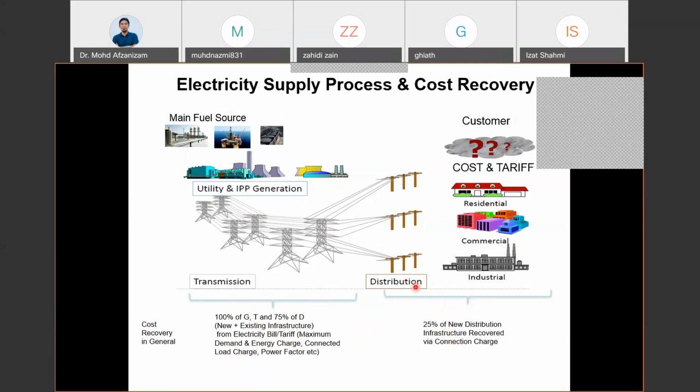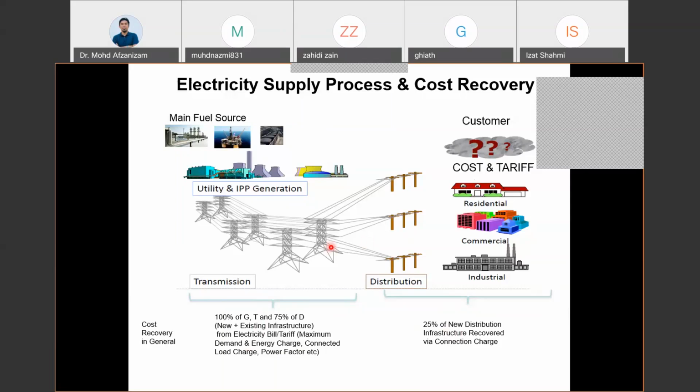That is the costing portion of electricity supply generated by the power plant.